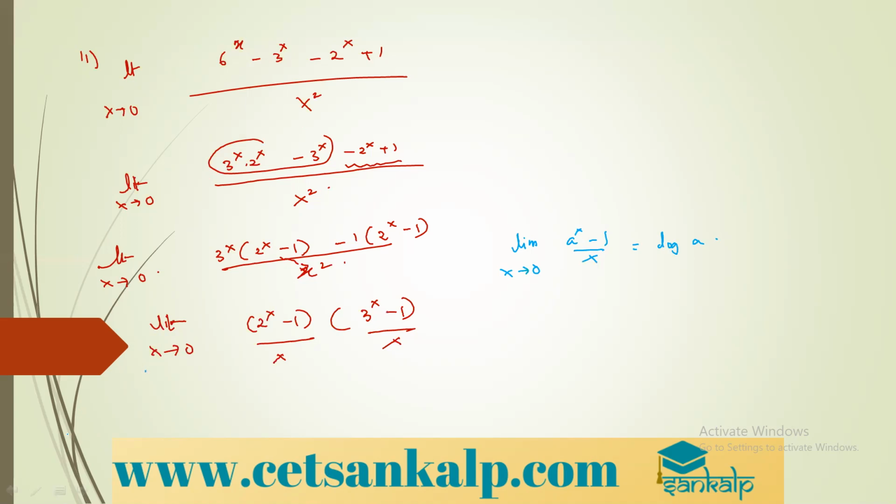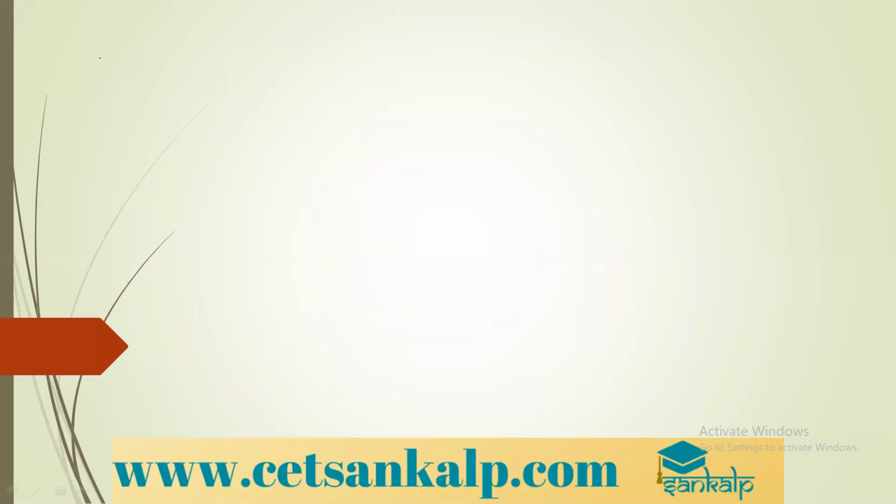So using that formula, in this question I will have log of 2, which you will multiply with log of 3. So this is how we get log 2 into log 3 for this limit.